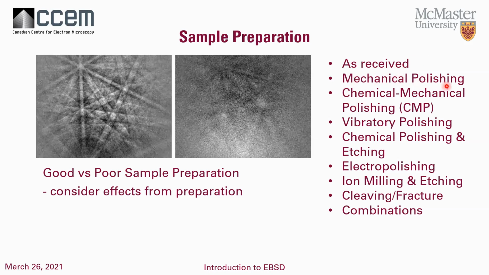Quite often we'll do some form of mechanical polishing, but to really achieve a nice surface, we're usually doing a combination of chemical and mechanical polishing, so use of colloidal silica. There's a technique where you can do vibratory polishing, which yields very nice surfaces, better than normal colloidal silica polishing. You may do chemical polishing and etching. The problem you run into with etching is you might get topography.